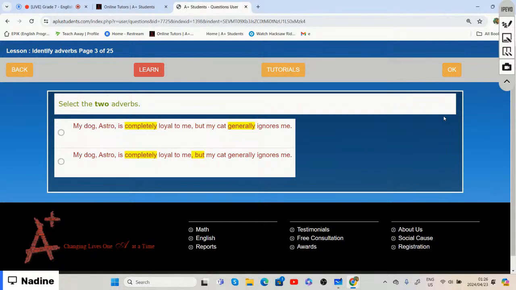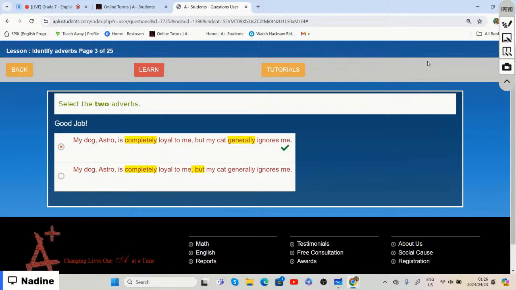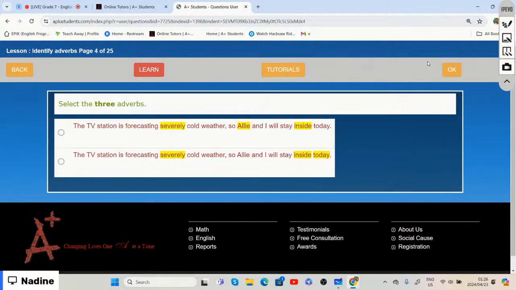All right, and if we choose the correct one, we'll go with the first option, which is "completely" and "generally." We now need to select the three adverbs. It says the TV station is forecasting severely cold weather.